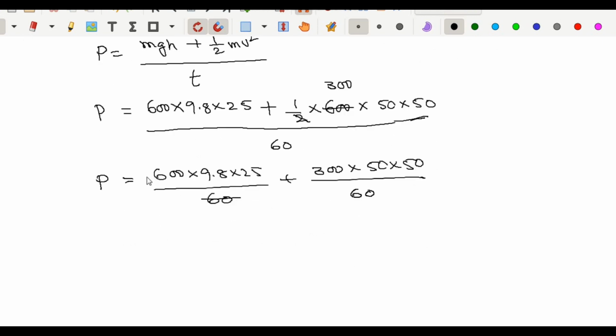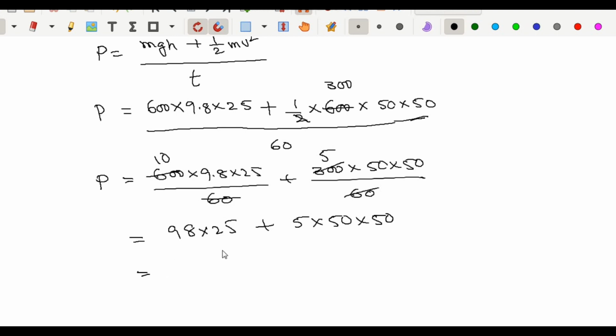This 60 cancels 600 in 10 times, so 10 into 9.8 gives 98 into 25, plus this 60 cancels 300 five times, so 5 into 50 into 50.